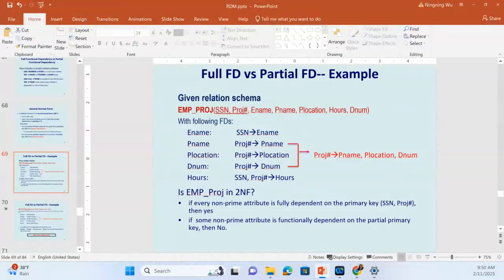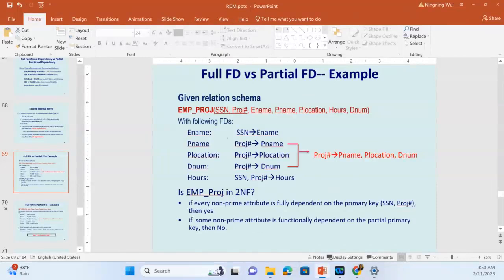So assume we have a relation schema, EMP_PROJ, okay? It has SSN, project number, ename, P location, hours, and DNAM. SSN and project number are underlined, so that means the two together are the primary key.